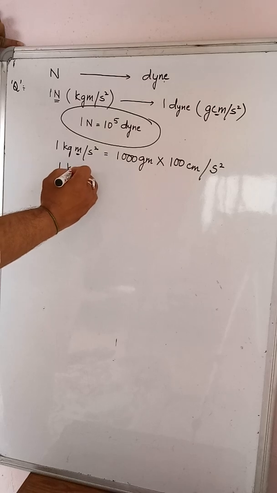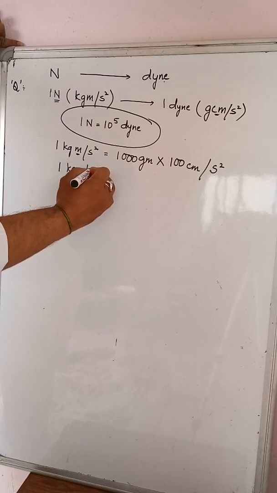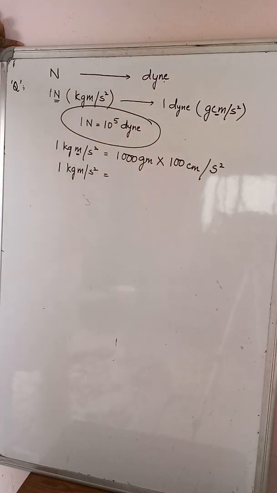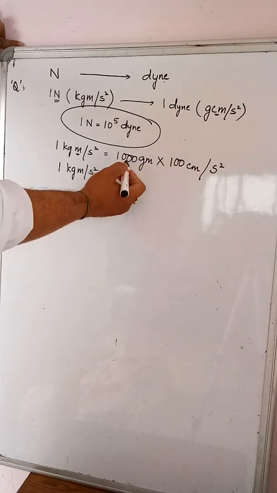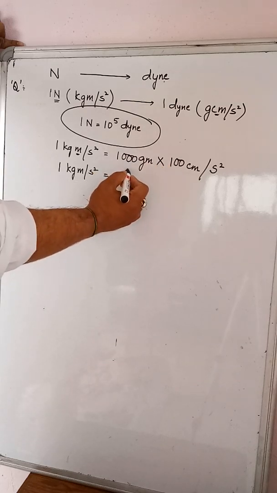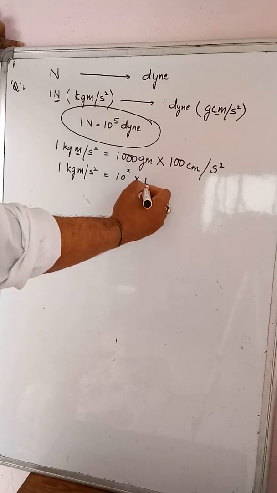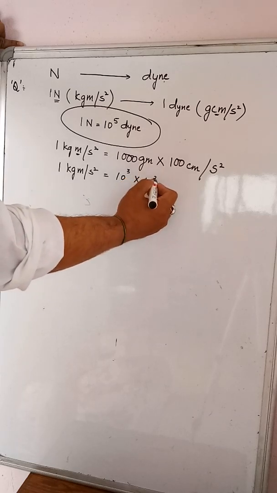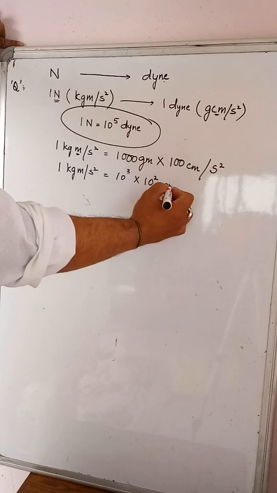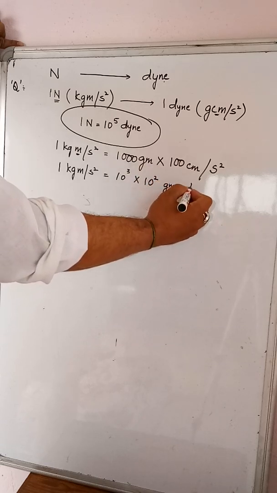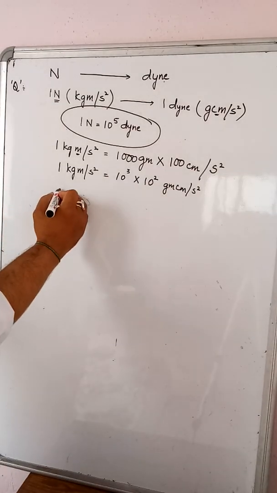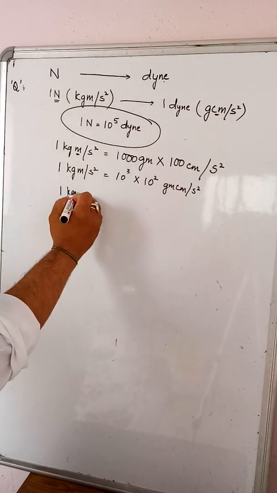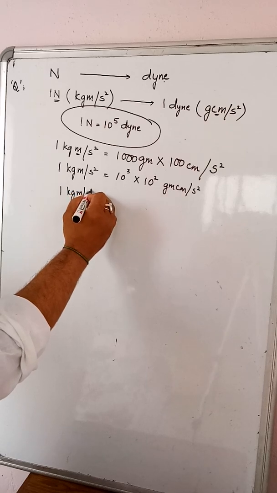So 1 kg meter per second square is equal to, now you see how many numbers we have on the right side. This is 1000, which is 10 to the power 3, multiplied by 10 to the power 2, and we have gram centimeter per second square.